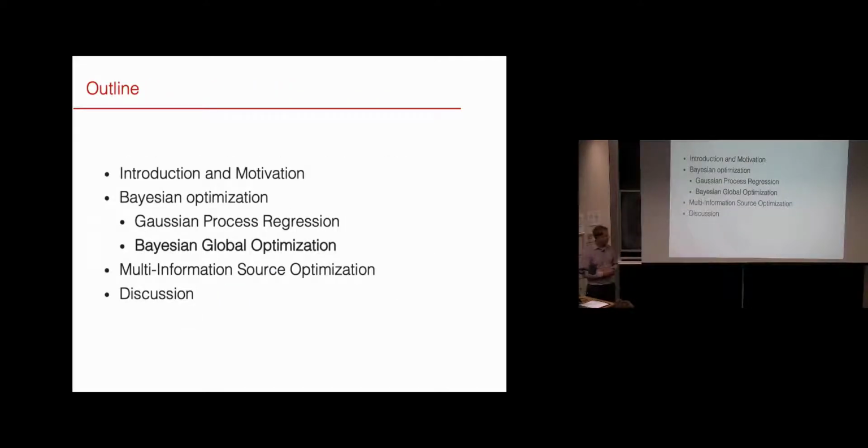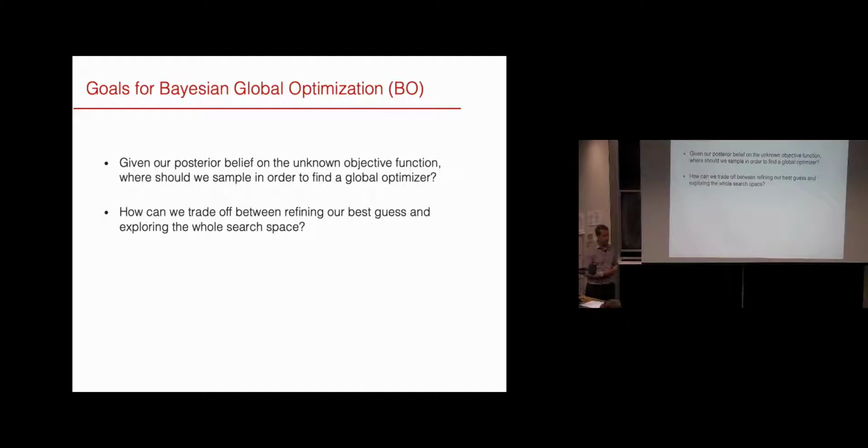Okay, this was our Gaussian process model, our surrogate. Now let's talk about how we decide where to sample in each step. Recall we're acting in a world where we are uncertain about the objective function. Suppose you pick a design and you see a good value.